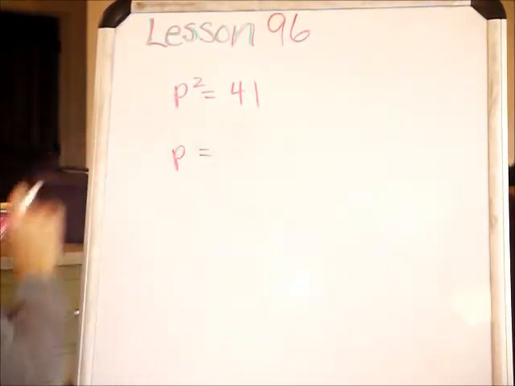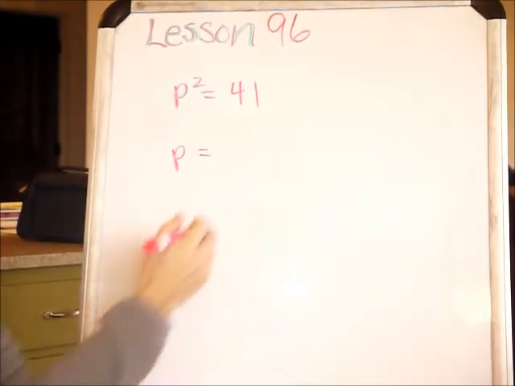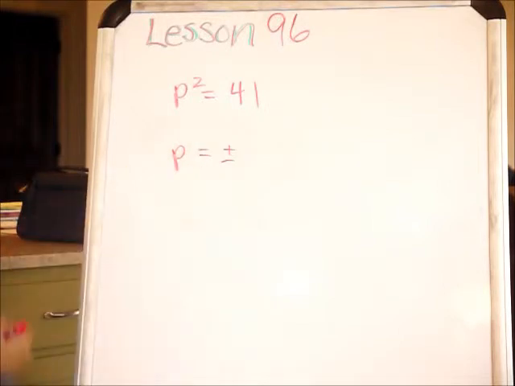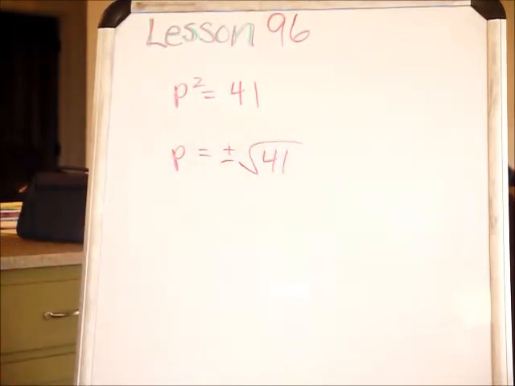When we use an equation, we use plus or minus. That's our rule. So Jordan, the answer is plus or minus what? Square root of 41. I don't know what the square root of 41 is. Just write it, because it's an irrational number, a decimal that never ends.